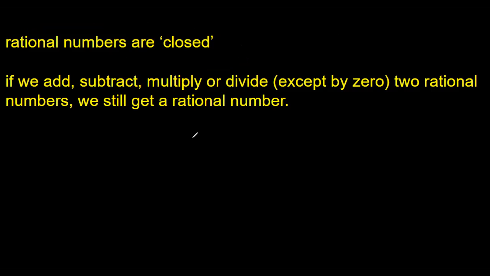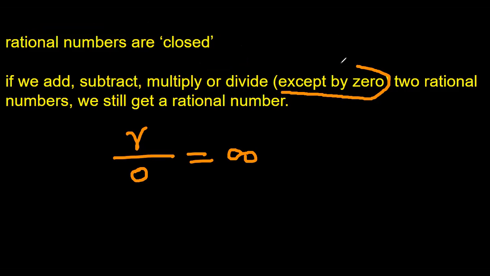But in division, when you divide any rational number by another rational number, you cannot take zero in the division, because zero is also a rational number, but we will not consider division by zero simply because division by zero is not defined. So that's why we have written this except by zero. So we will not take zero there.